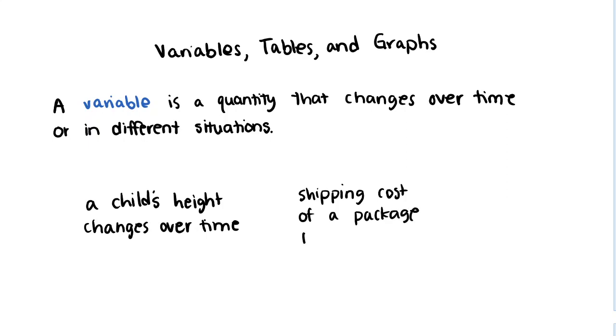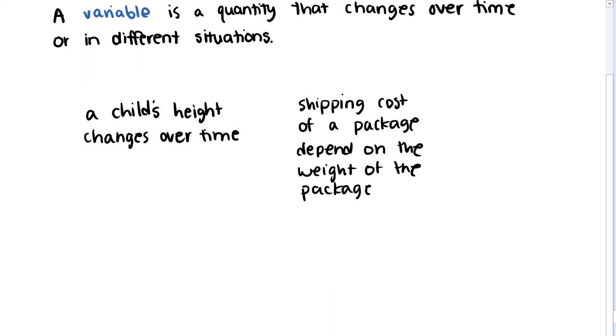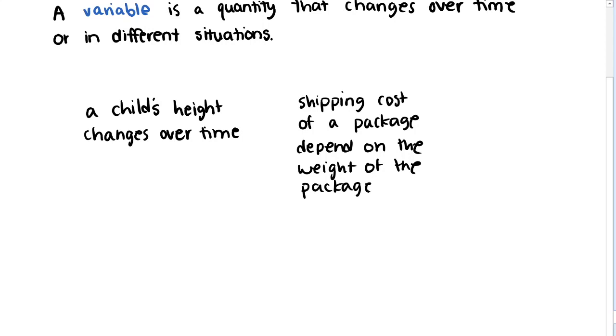Right, this might depend on the weight of the package. So we can think of the shipping costs being a variable because it'll vary depending on how much the package weighs. Maybe just to keep listing more examples, I'll include one more.